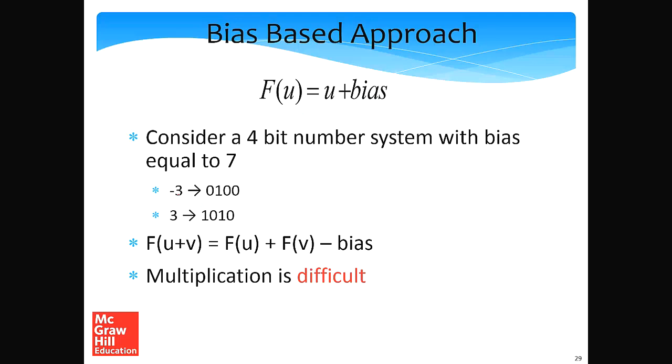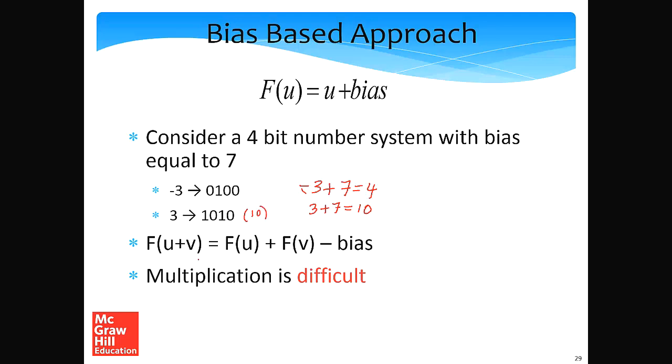So let's see minus 3. Its representation would be minus 3 plus 7. So minus 3 plus 7 is equal to 4, and its binary representation is 0, 1, 0, 0. Similarly, if you take plus 3, it will be 3 plus 7, which is equal to 10. And this is exactly what we have, 8 plus 0 plus 2 plus 0, which is 10 in decimal.